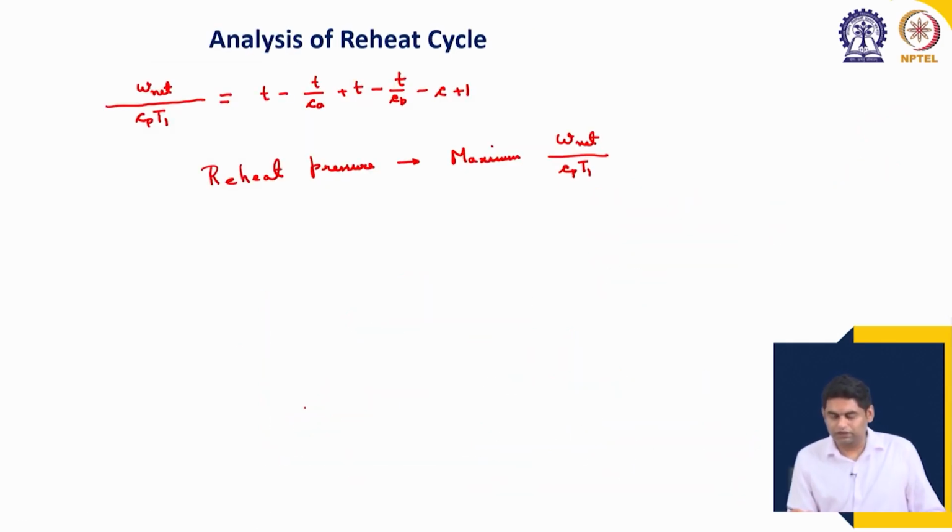So, constant T and constant C, we can take a derivative with respect to either C A or C B, because both of them are not independent, C A depends on C B. So, we can take derivative with respect to one of these and then equate it to 0 to get the maximum value, or the condition for maximum value of work output.